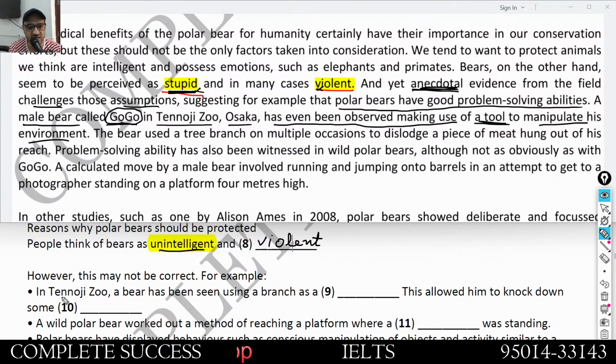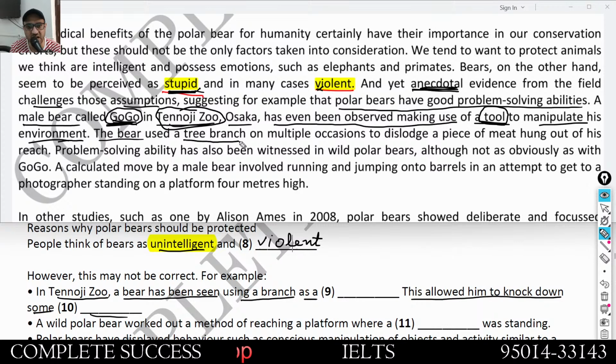Now in Tennozi Zoo, a bear has been seen using a branch as a dash. This allowed him to knock down some dash. So what could be the answer? So here was a bear, Gogo, in Tennozi Zoo, where he has been observed making use of tools. He used tools to manipulate his environment.